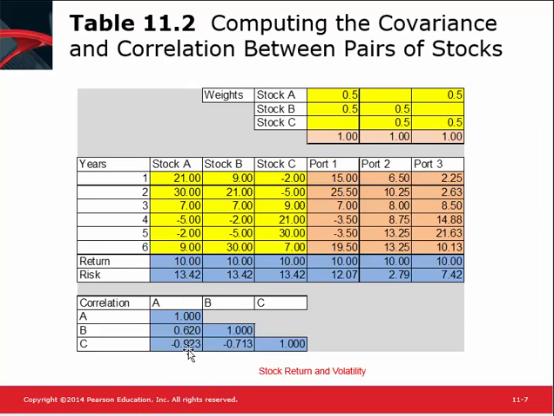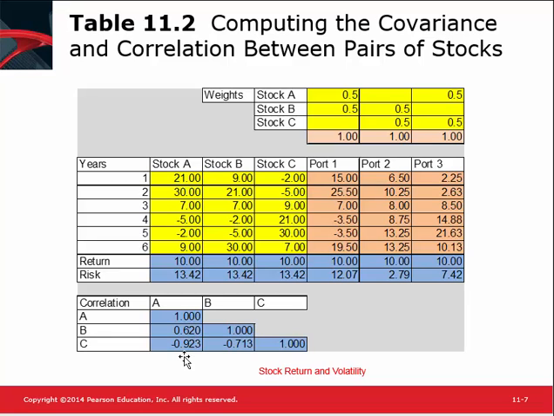It turns out when you look at this statistic, you find out that between A and B, the correlation is 0.62. So it's a positive relation, but it's not +1. So as long as it's not +1, there'll be some diversification. However, between B and C, you see that it is negative 0.923. So it's not just a big number, but it's a big negative number.